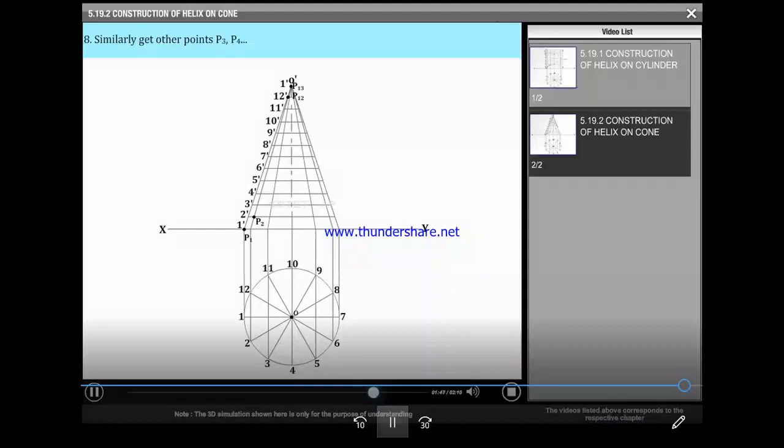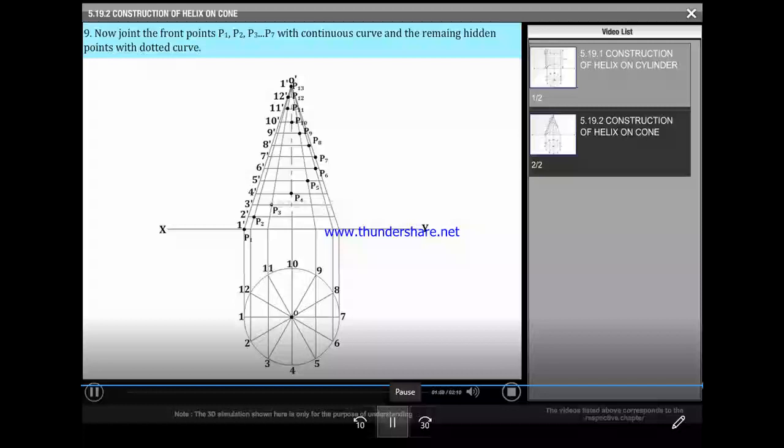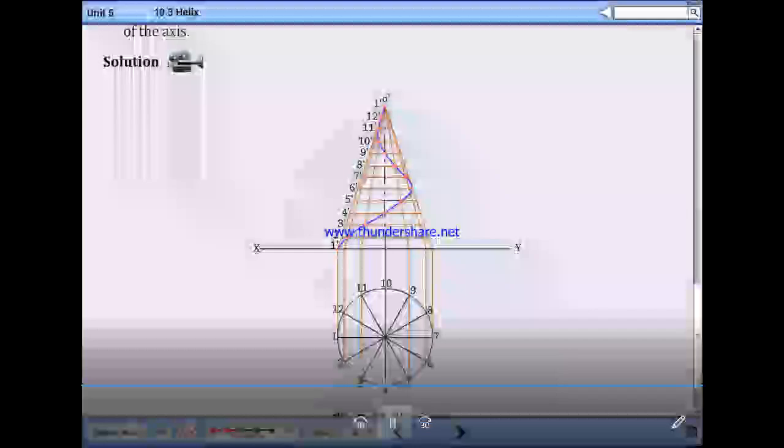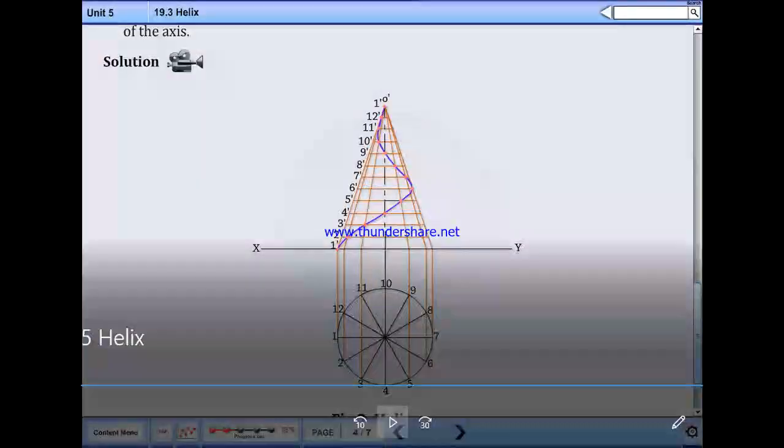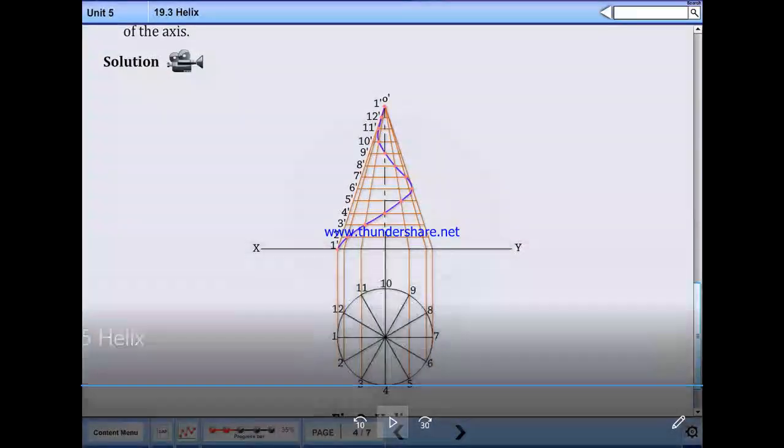Similarly, get the other points P3, P4, etc. Now join the front points P1, P2, P3 up to P7 with a continuous curve and the remaining hidden points with a dotted curve. Now note down this figure, then practice on paper, on the drawing sheet.